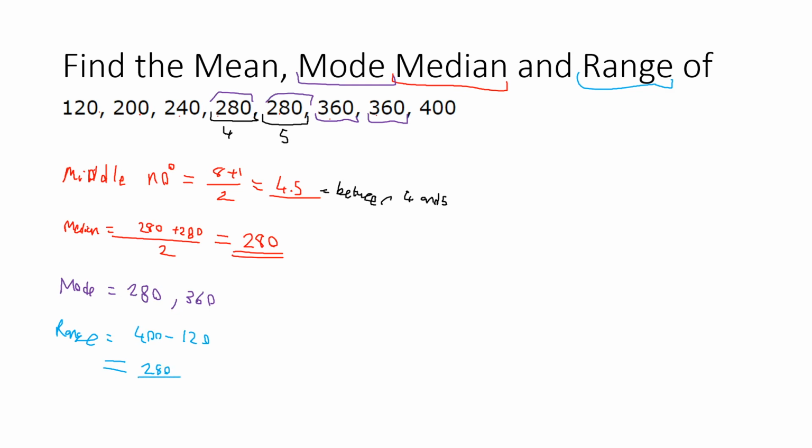And finally, the mean. The mean is just going to be all the numbers added up divided by how many numbers there are.